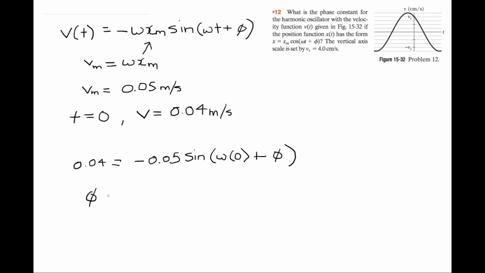So phi is equal to sine inverse of 0.04 divided by negative 0.05.